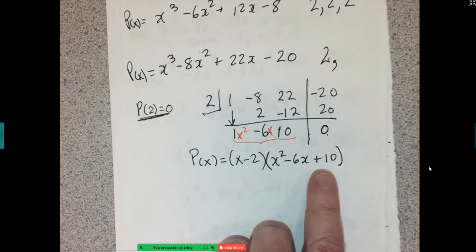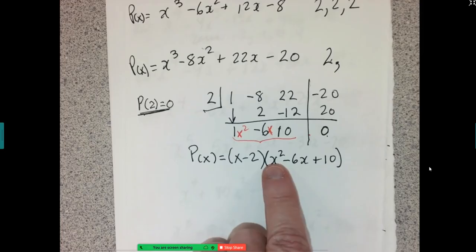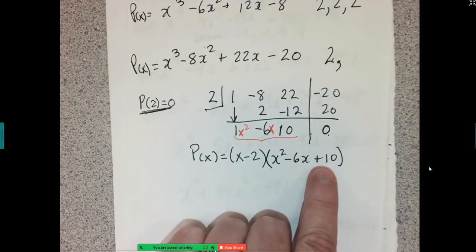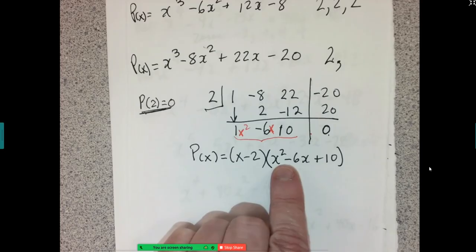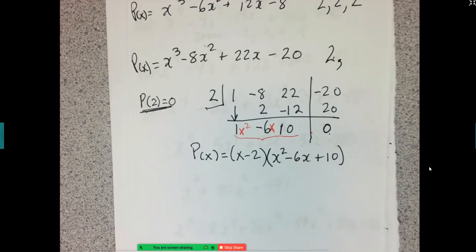I have another way that I can get the zeros for this. This is a quadratic. I could attempt to factor it because it is x squared by itself. But when I try and find two integers that multiply together to give me 10, and at the same time add up together to give me -6, I'm not going to have any luck. So the trick doesn't always work.